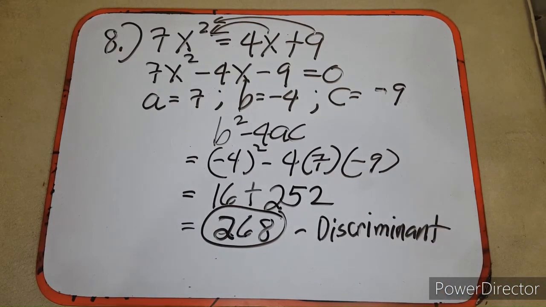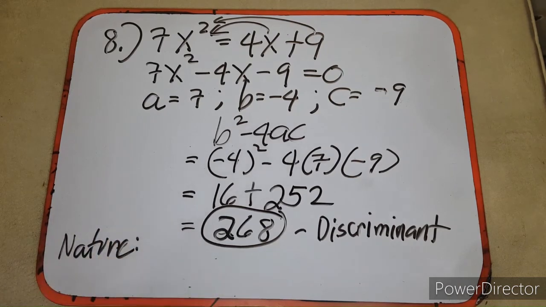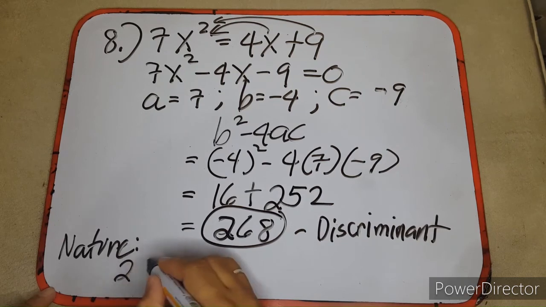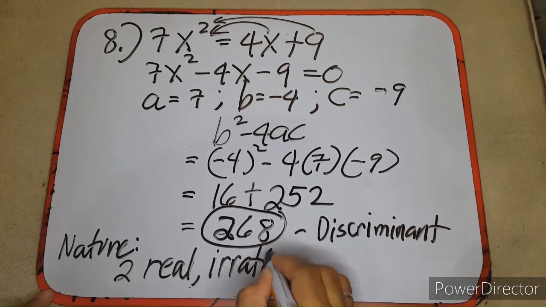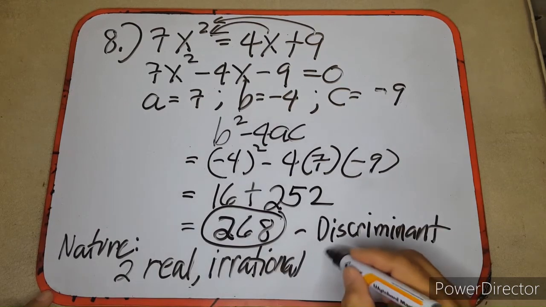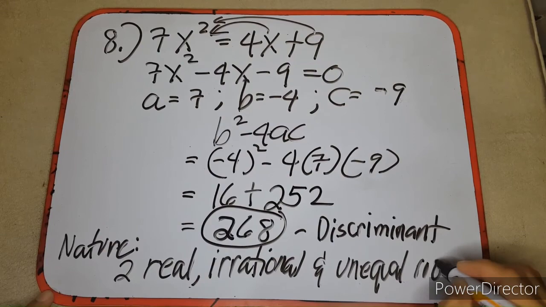So, having that value of the discriminant, since again, it's positive, and we know that 268 is a non-perfect square, by going back to the things that you have to remember, we can say that the nature of the roots of the given quadratic equation are two real, irrational, and unequal roots.